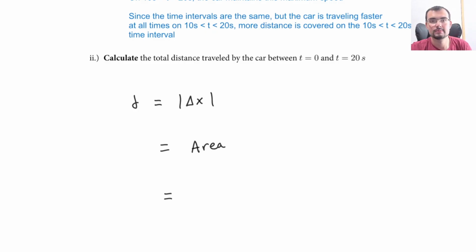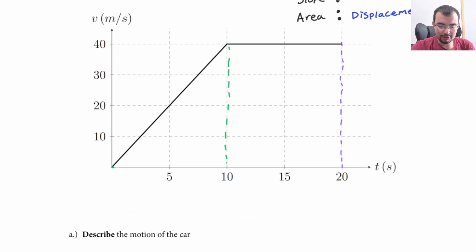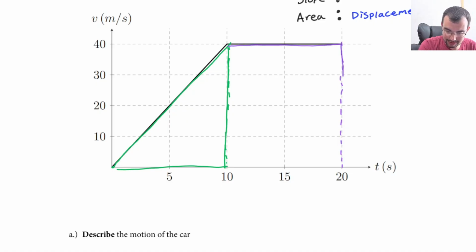Now, if you're a geometry pro, you might recognize that this is a trapezoid, and you might know the formula for the trapezoid. Don't use the trapezoid formula if you're not comfortable with it. Just break it up. We always design shapes that can be broken apart. So D1 is going to be the area of this triangular shape, and D2 is going to be the area of this rectangular shape.